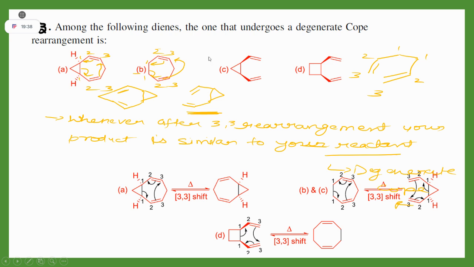So basically, these are starting material and product of each other, right? So they are not degenerate. And in option number D, from this we are getting this. So again, this is not degenerate. So the one that undergoes a degenerate Cope rearrangement is your option number A. So the correct option for this is option number A.